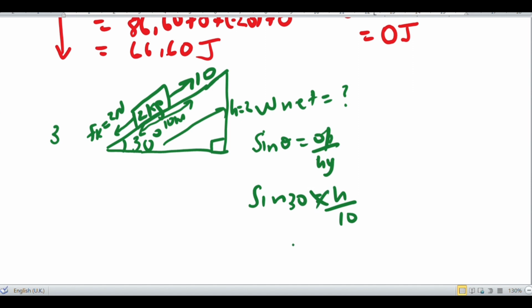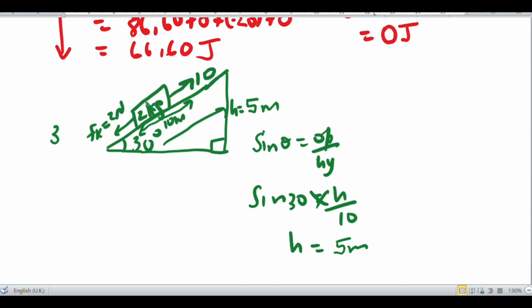Cross multiply, so h is equal to 10 times sine 30, which is supposed to be 5. So the height is equal to 5 meters. Now let's draw the free body diagram.